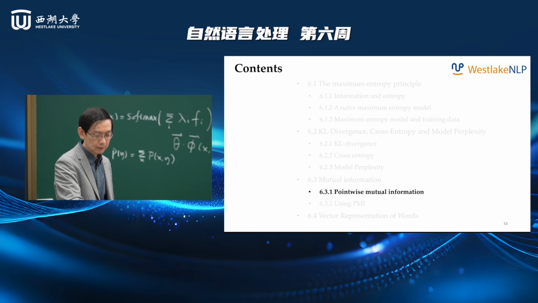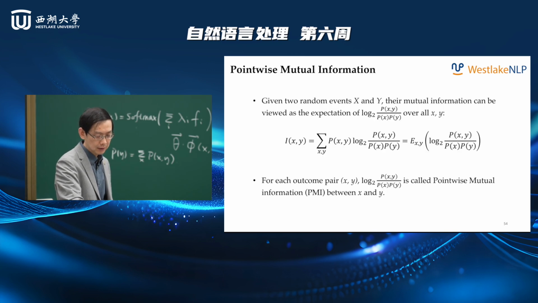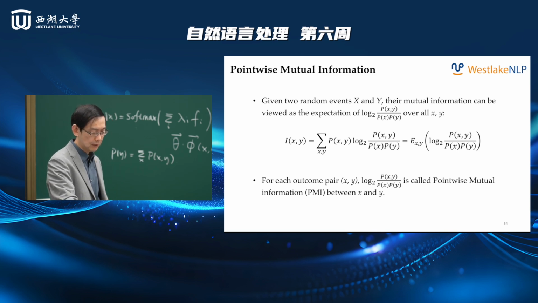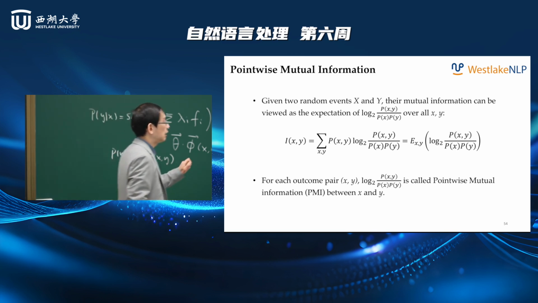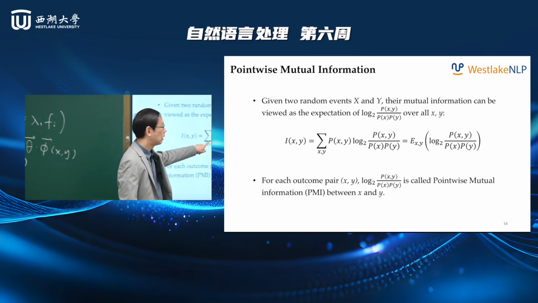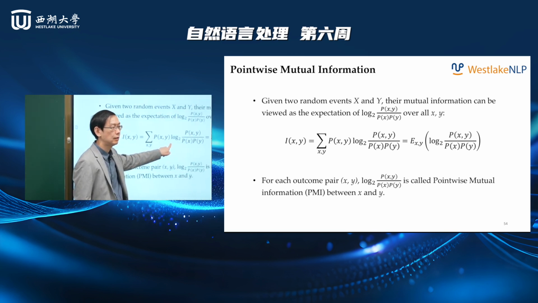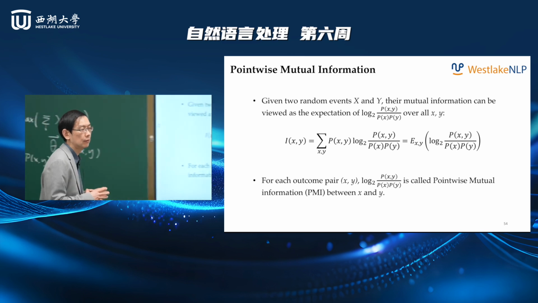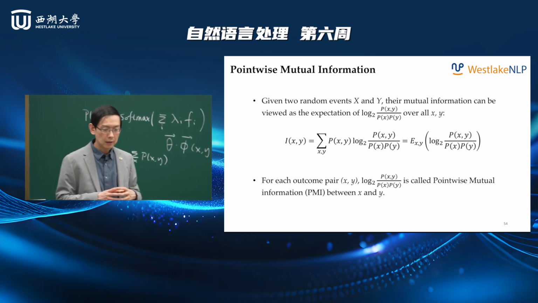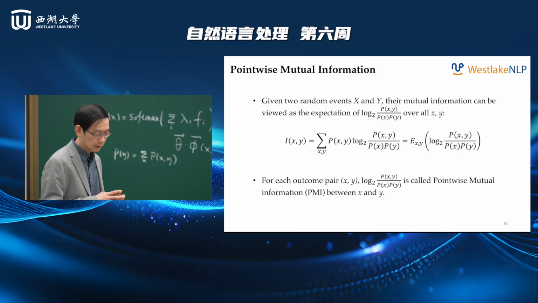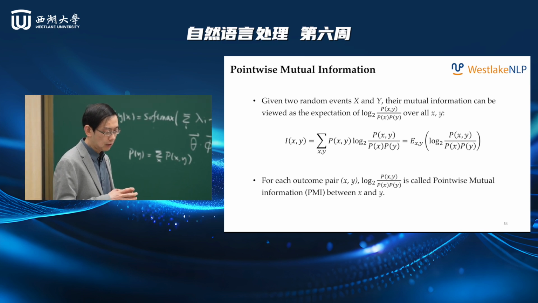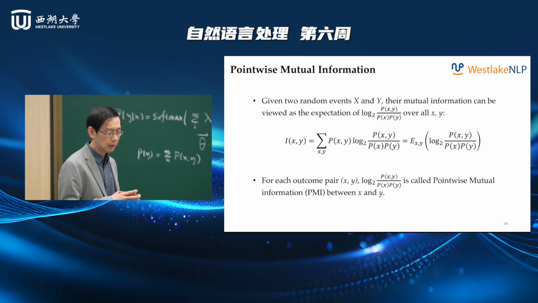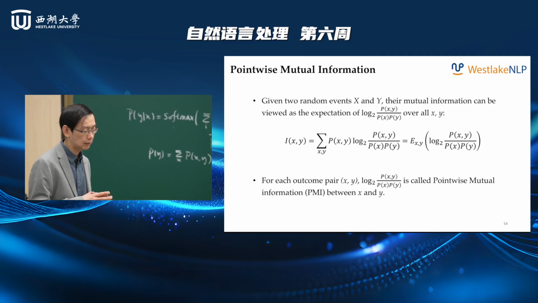But then the mutual information, in its form, is a mathematical expectation. It is an expectation by using the joint event probability. Okay? And what is averaged is log 2 of pxy divided by px py.